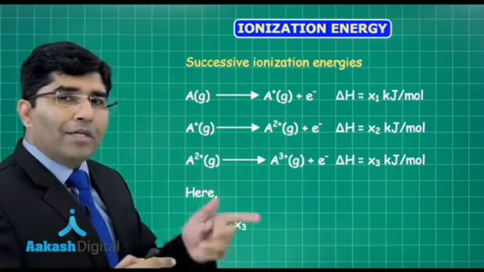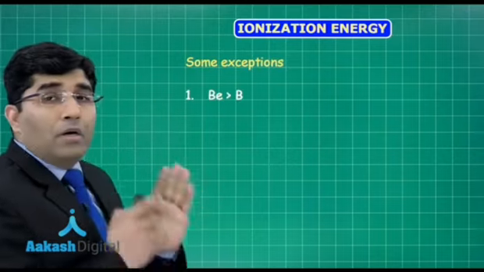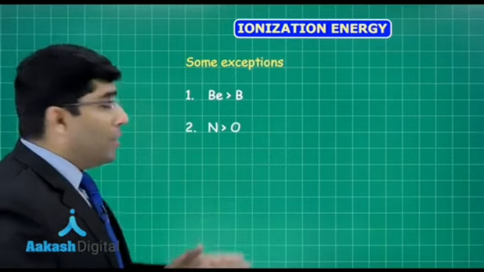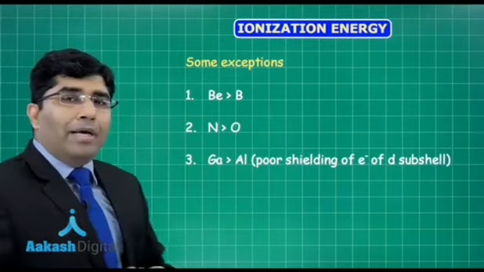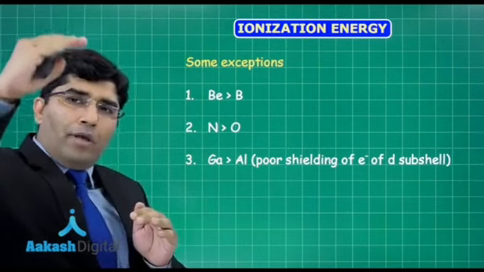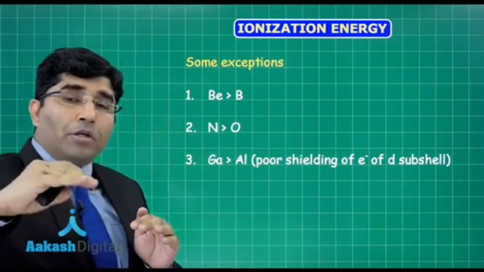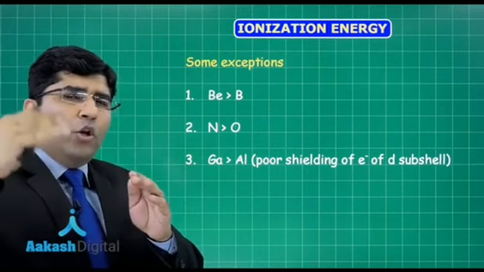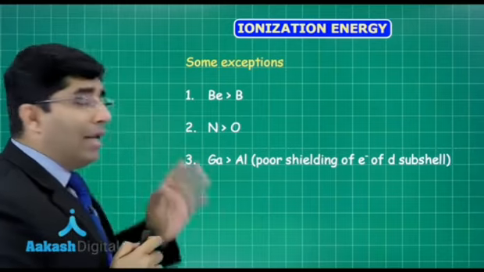So let's move on to some exceptions. Now the ionization energy of beryllium is more than boron, we have already discussed. Nitrogen is more than oxygen, that we have already discussed. Gallium is more than that of aluminium. Now in the 13th group, there is boron, aluminium and gallium. Gallium is below aluminium, so the ionization energy of gallium should be lower than that of aluminium, but it is more than that of aluminium.